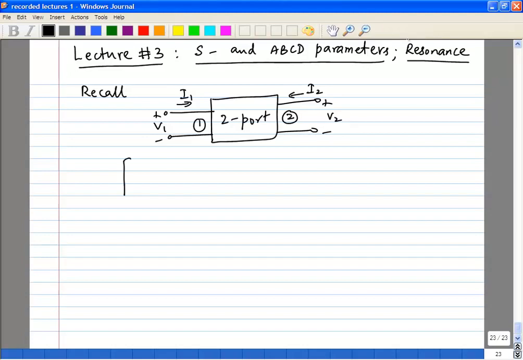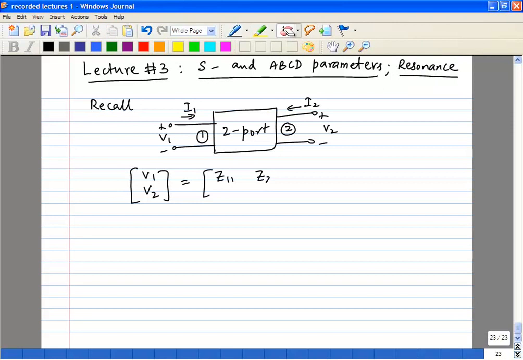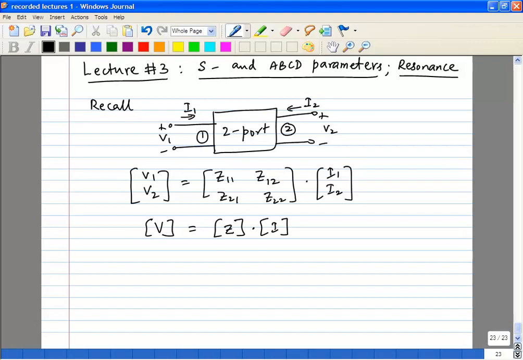For example, the Z parameter relation is the voltage matrix is the Z matrix times the current matrix, or it's often represented as V equals Z times I, where all of these are matrices.